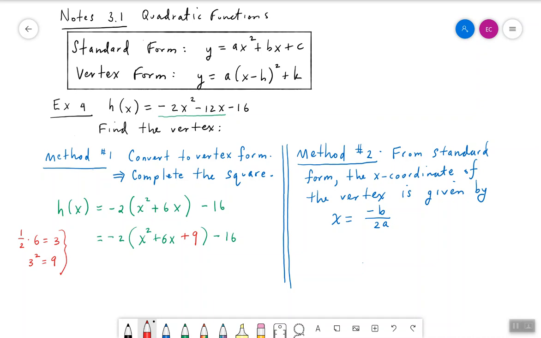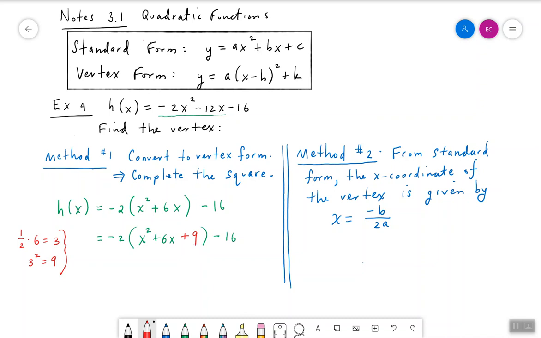Now, notice if we add 9, then we should also subtract 9, shouldn't we? Well, yes, that's true, but we haven't really added 9. We added 9 inside these parentheses. This 9 is getting multiplied by negative 2. So instead of thinking of it as adding 9, let's think of it as subtracting 18. 9 times negative 2 makes negative 18.